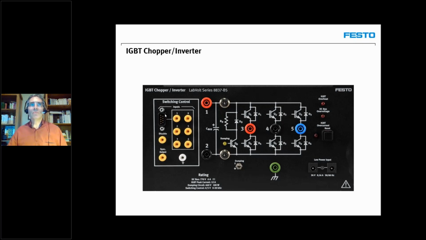But typically, we will be in our exercises using this DB9 input here. So we will connect a DB9 cable here to send at the same time the 6 switching signals to the 6 transistors in parallel if we need the 6 transistors to be controlled at once.